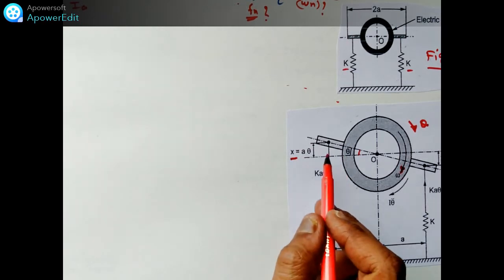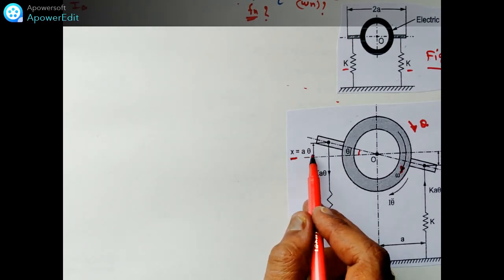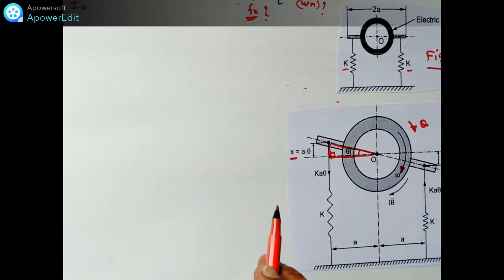And this x, you can write x is equal to a theta by using this relation of this right angle triangle. Value of x is equal to a theta. A is what?